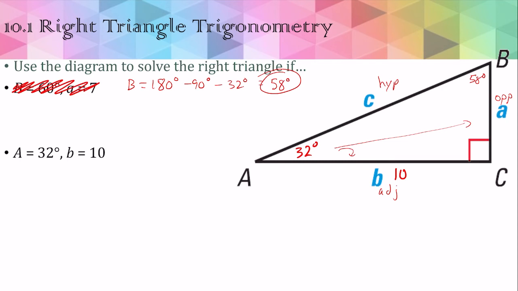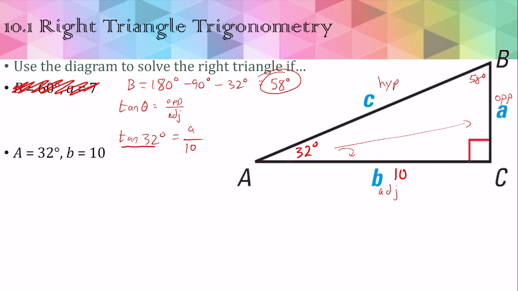Side B is the one we know is the adjacent. Opposite and adjacent is tangent. So tangent of 32 is the opposite over the adjacent. Now 32 is not one of the special angles, so that means we're just going to have to solve it using a calculator.